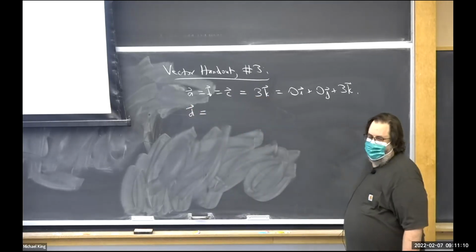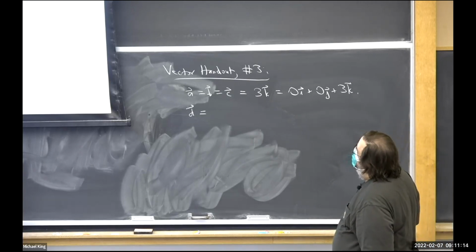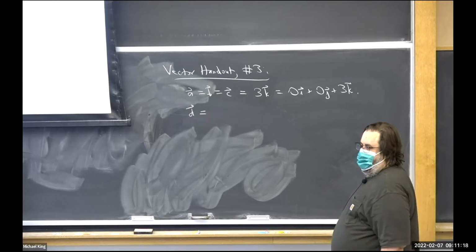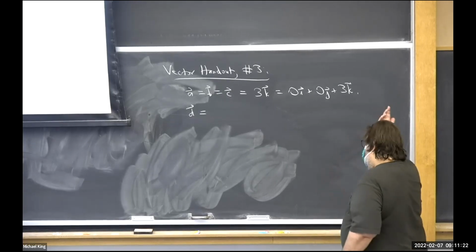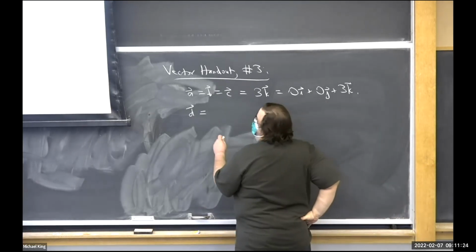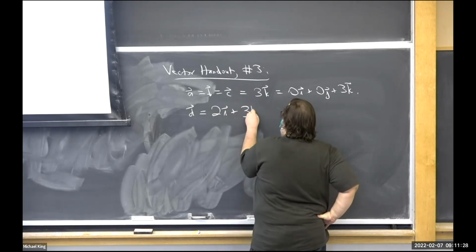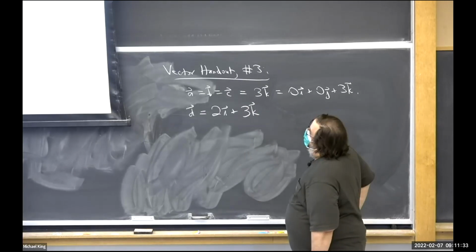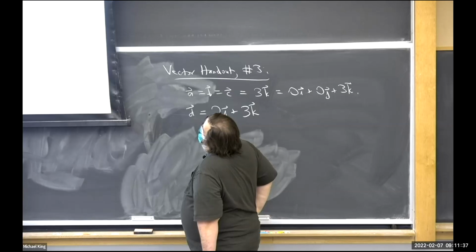Volunteers. Yeah, there's no J component, there's no Y component, right? But it goes 2 units in the X direction and 3 units again in the Z direction. And E is the same as what?